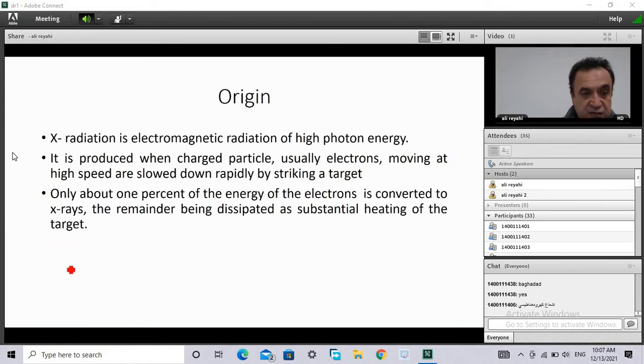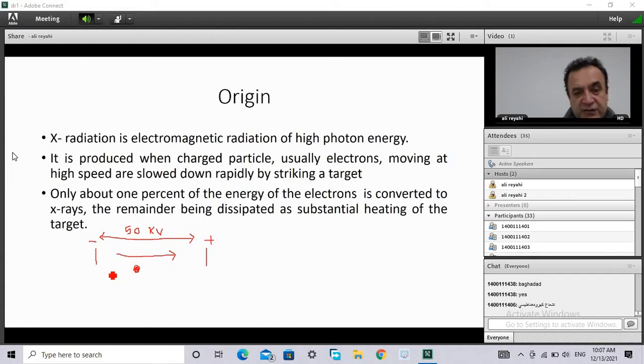I want to write it again for you. For example, it is an electron. When we apply a voltage on the electron by using two electrodes, a negative electrode and a positive electrode, there is a voltage difference here, for example, 50 kilovolts.